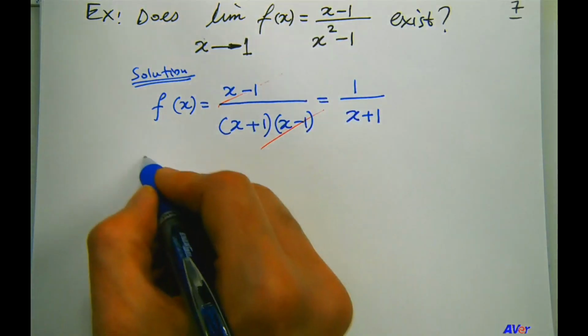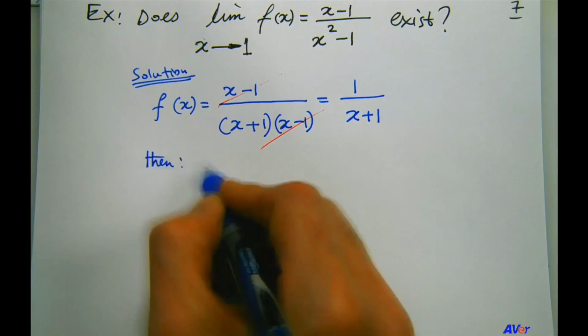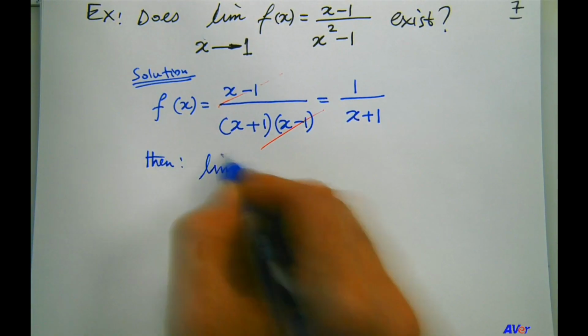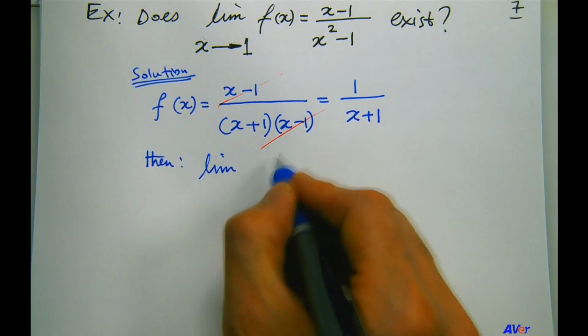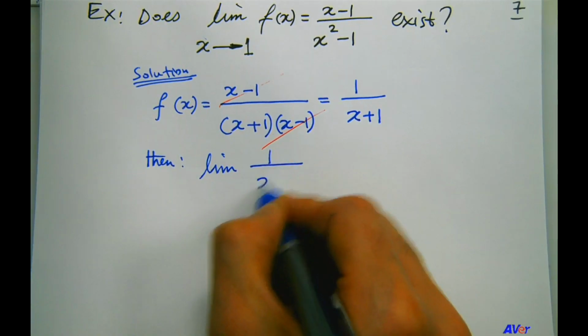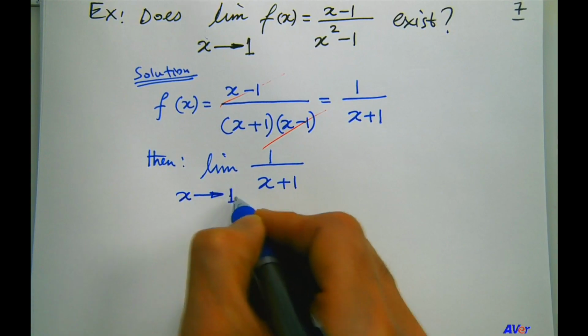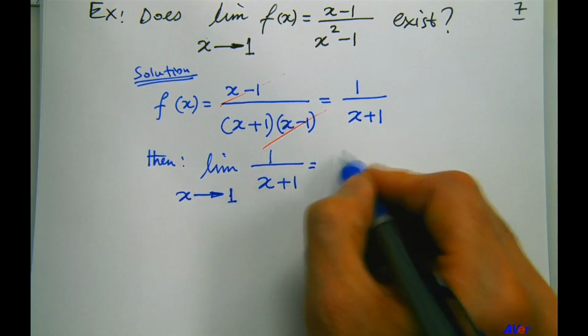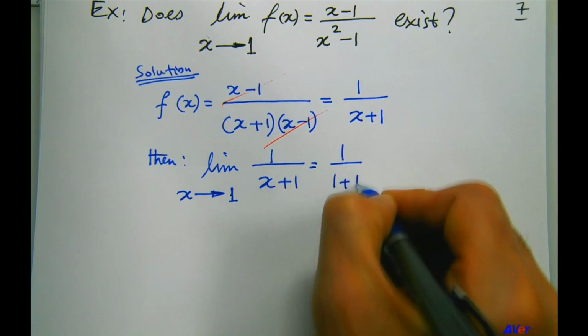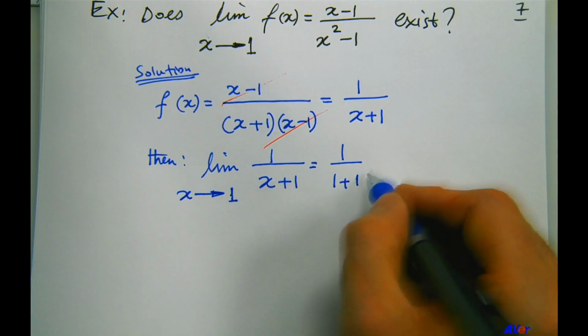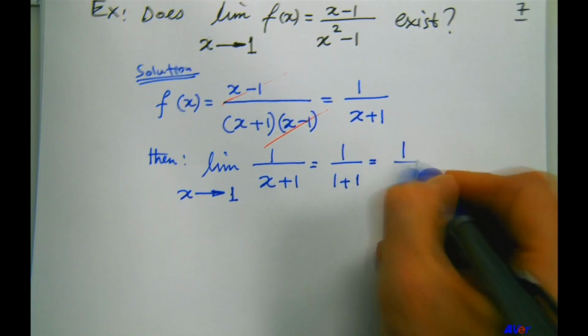So then the limit of 1 over x plus 1 as x approaches 1 actually approaches this quantity. Plug in 1 for x, and we get 1 over 2.